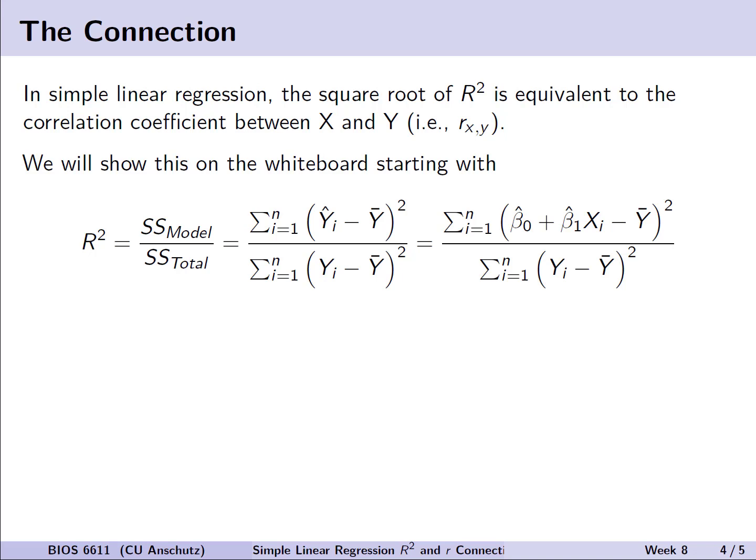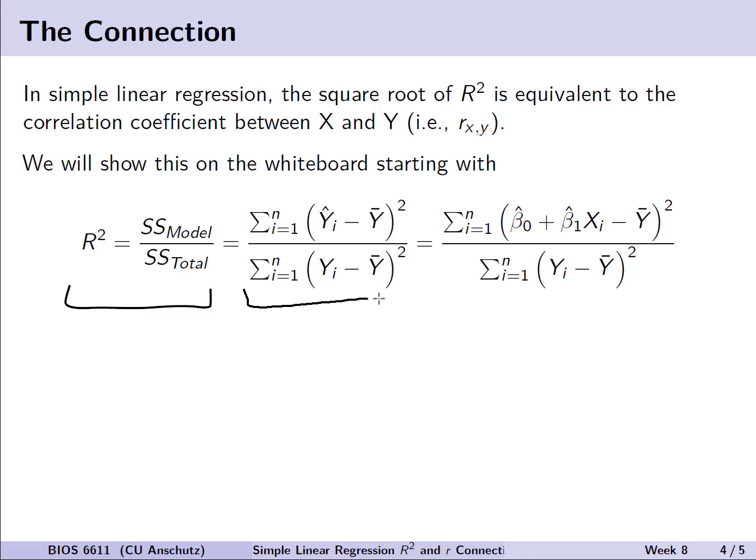We're going to work through this on the whiteboard, but we're going to get started here with a few notes before switching over. We can recall from the introduction of r squared in one of our past lectures that it's equal to the ratio of the sums of squares of our model divided by the total sums of squares.